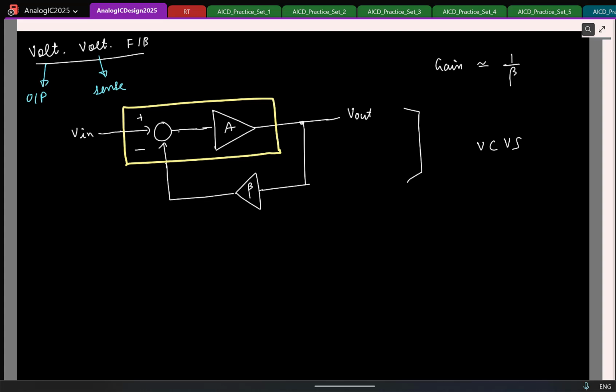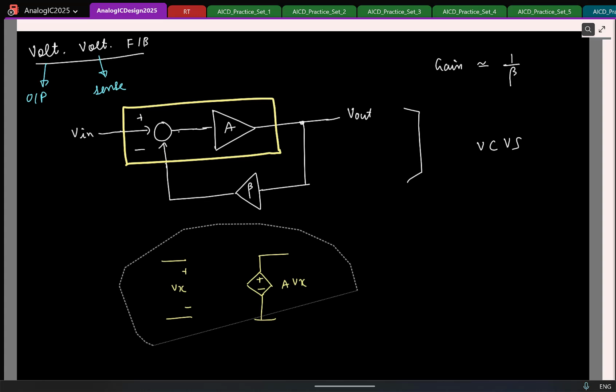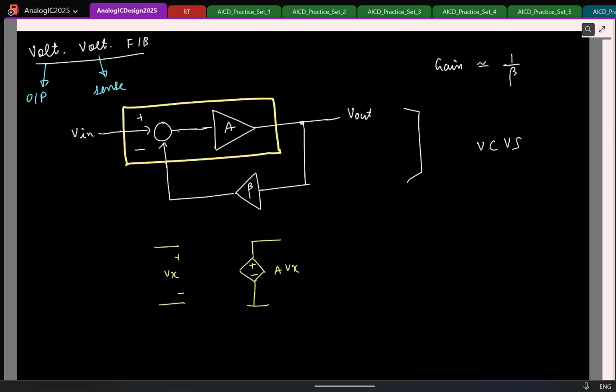And let me actually redraw this as voltage controlled voltage source model. So these are the controlling ports. So if this is say Vx, this is going to be A times Vx. So this is going to be your normal voltage controlled voltage source in open loop.